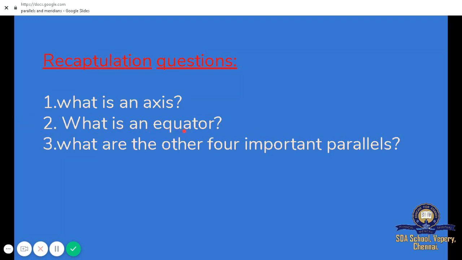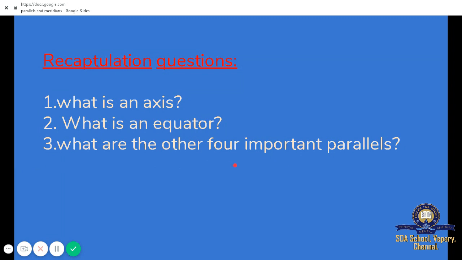Then, what is the equator? The equator is an imaginary line that divides the Earth into two equal parts. It is an imaginary line drawn on the surface of the Earth, and it divides the Earth into two equal parts, the northern and southern hemispheres.